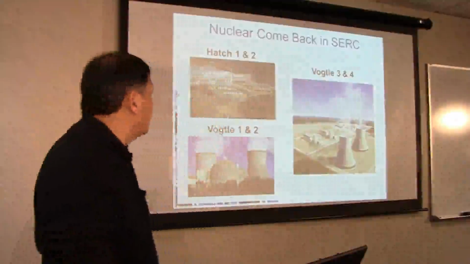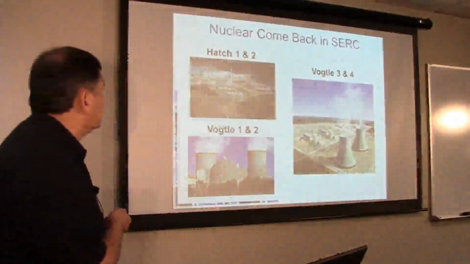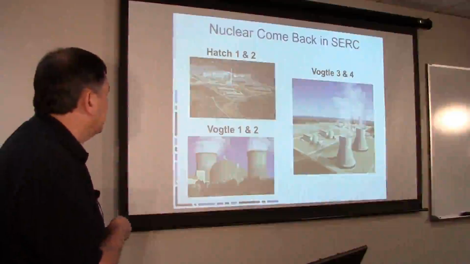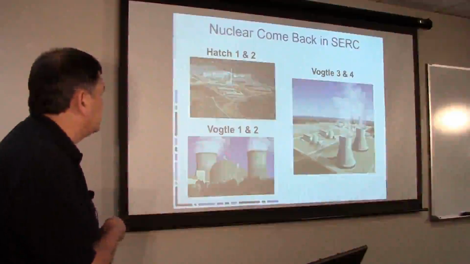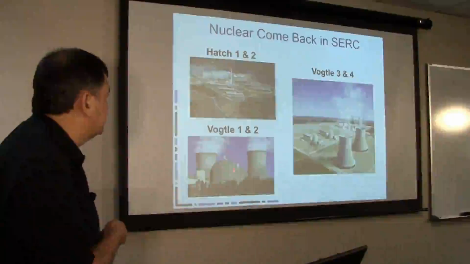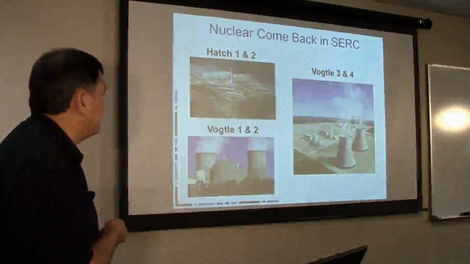As one example, within Southern Company and Georgia Power, we have the Hatch 1 and 2 existing units, and then there are the Vogtle 1 and 2 units, and they'll be adding the Vogtle 3 and 4 units to complement that power plant. So there are many jobs available in all aspects of design, maintenance, construction for those plants.